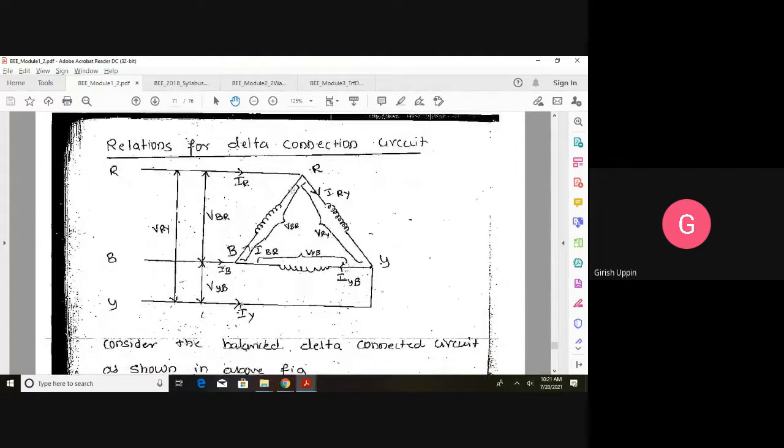Similarly, for the delta connection, this is a delta connection, R, Y, and B, same concept. These are the line voltages, these are the line currents, and the voltage across this is the phase voltage, that is VRY, and VYB and VBR are the phase voltages, and the phase currents are IRY, IYB, and IBR.